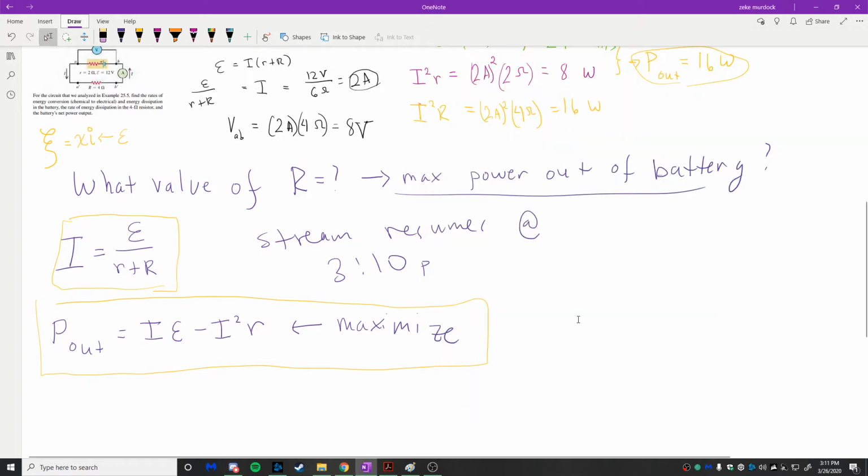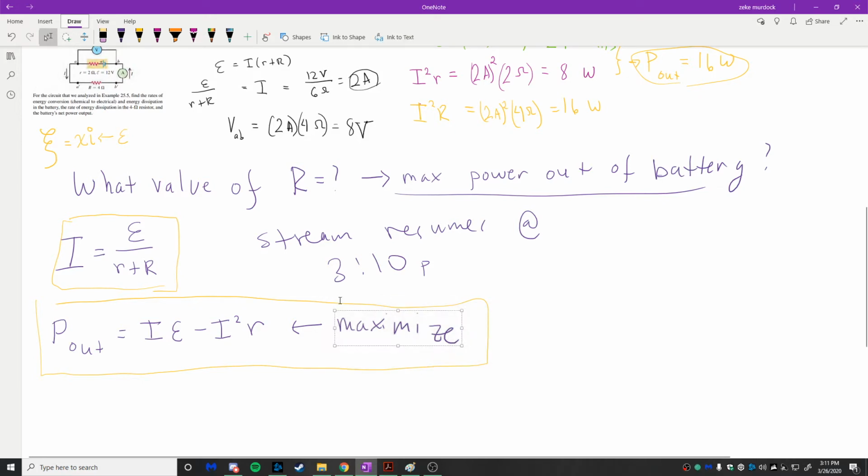Anyone have any ideas about how you would do that? How do you do this? Maximize. Where have you heard that word before? That is correct.